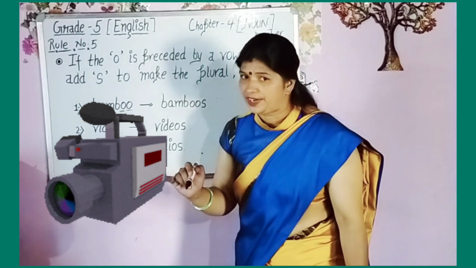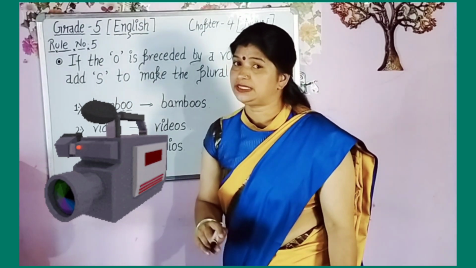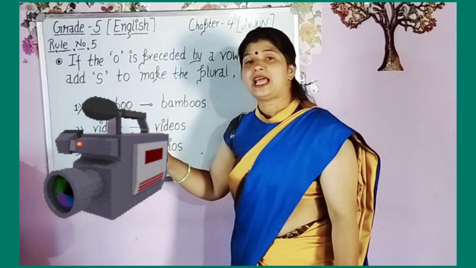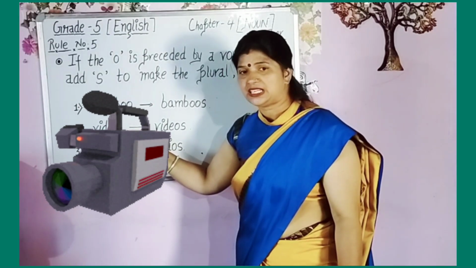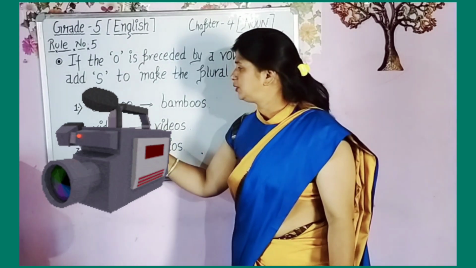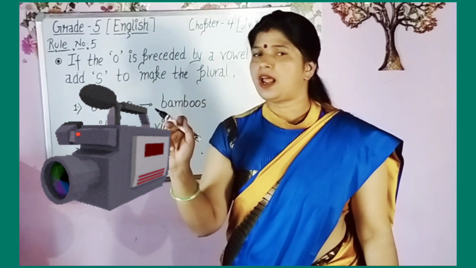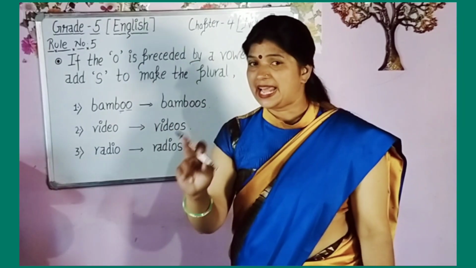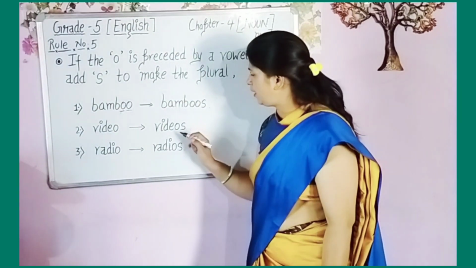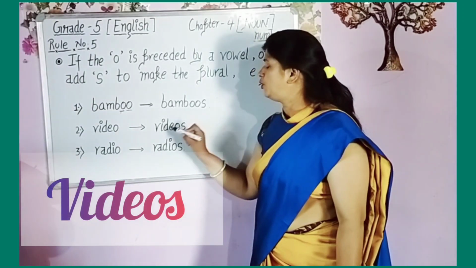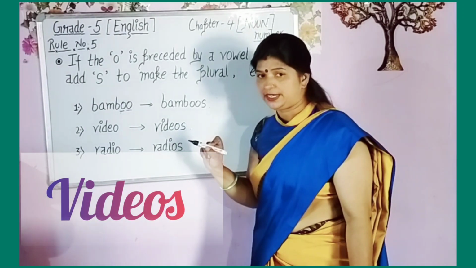Now see the second one. Second one is video. In this also, O is at the end, and this O is preceded by E, a vowel. So if O is preceded by a vowel, then we add only s to make it plural. So here it will become videos, V-I-D-E-O-S, videos, right?